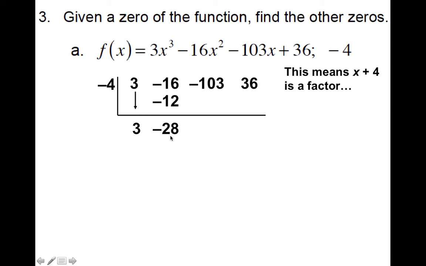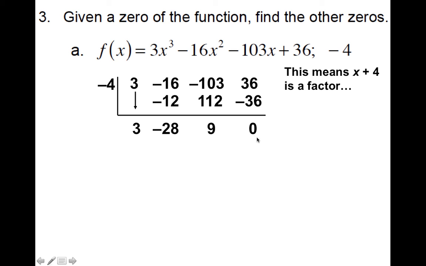-4 times -28 is a +112. -103 plus 112 is 9. -4 times 9 is -36. And 36 plus -36 is 0.